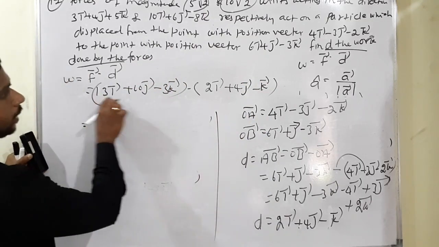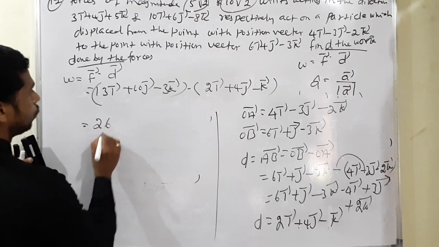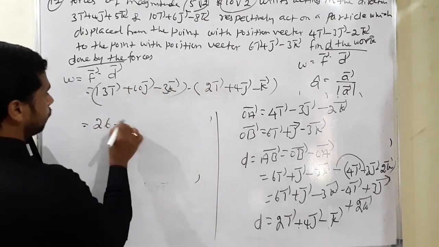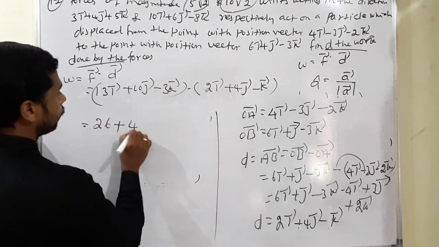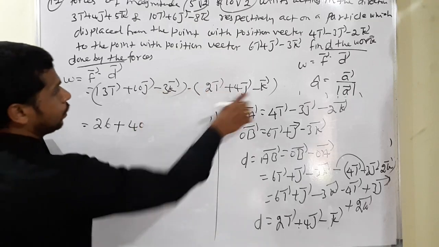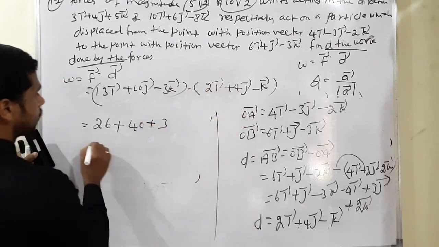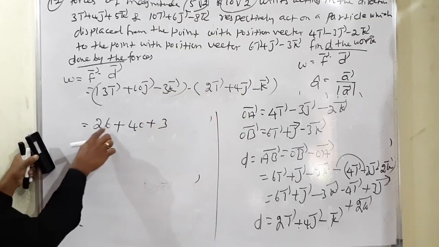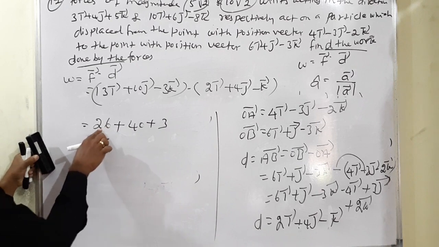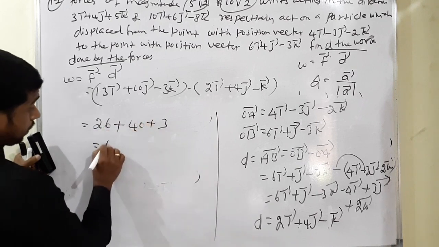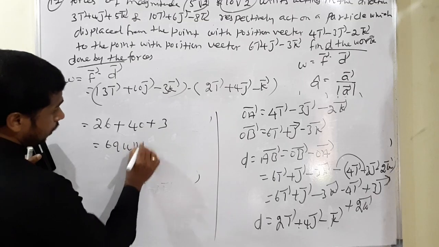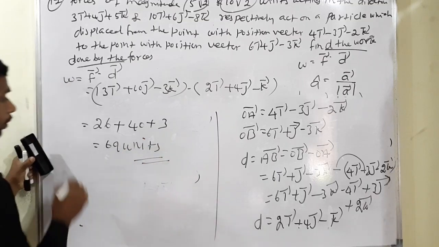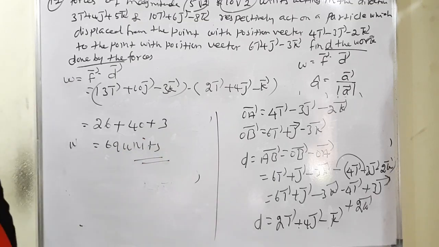Simplify now. 13 into 2 is 26. Plus 10 into 4 is 40. Minus into minus plus, 3 into 1 is 3. Therefore 26 plus 40 is 66, and 66 plus 3 is 69 units. That is the work done. W is equal to 69 units.